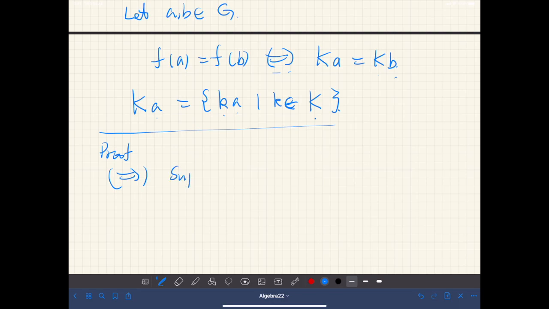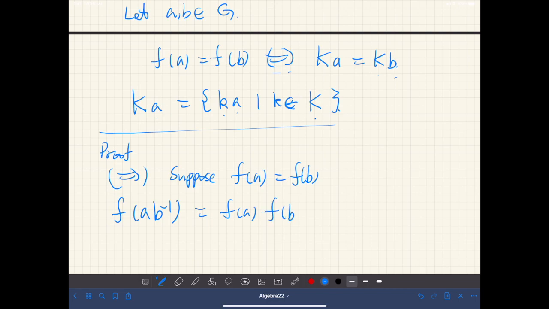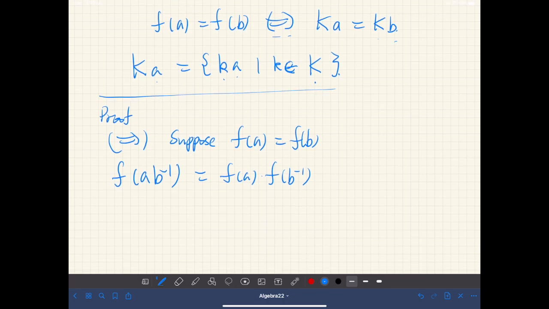So suppose f of A is equal to f of B. Okay, then let's calculate f of A B inverse. Since f is a homomorphism, this is equal to f of A times f of B inverse. But as we have seen before, this is equal to f of A and f of B inverse.